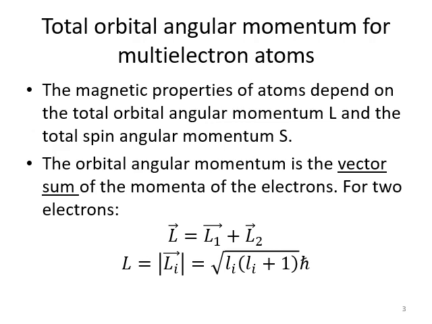For two electrons, I'm just rewriting what I said in words here, the angular momentum of two electrons together is the vector angular momentum for the first electron plus the vector angular momentum for the second electron in the system.